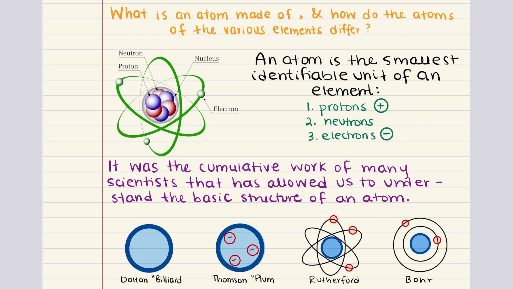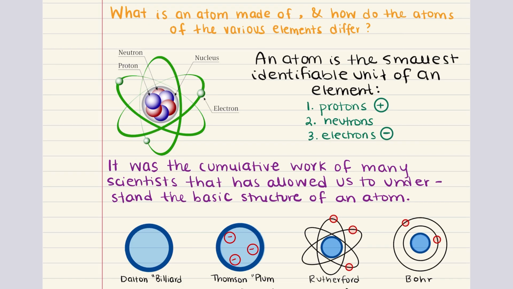Atoms are the fundamental building blocks of all matter. An atom is the smallest unit of an element that retains the properties of that element. At its core, the atom has a dense nucleus that's composed of protons, which carry a positive charge, and neutrons, which are neutral.